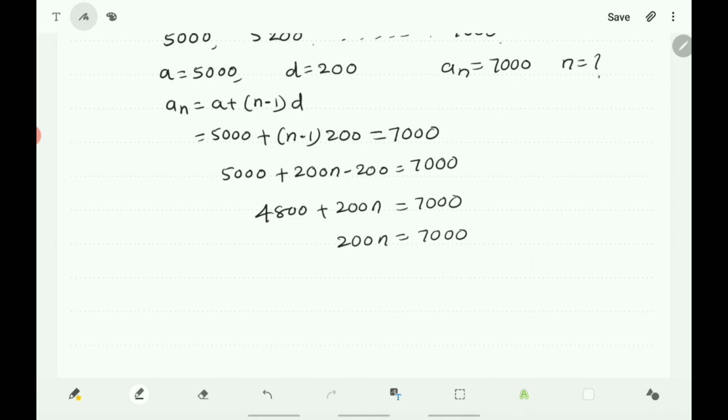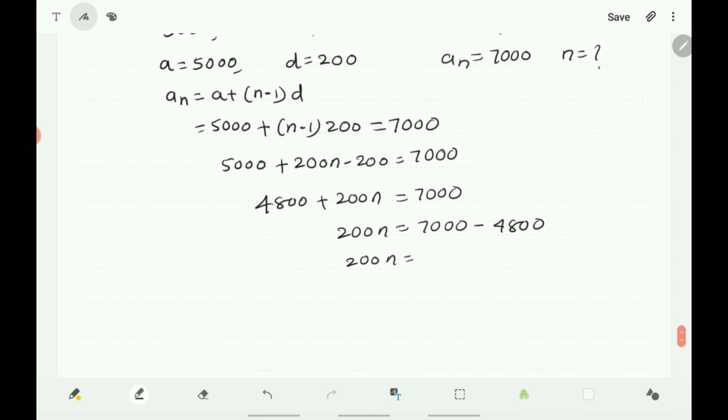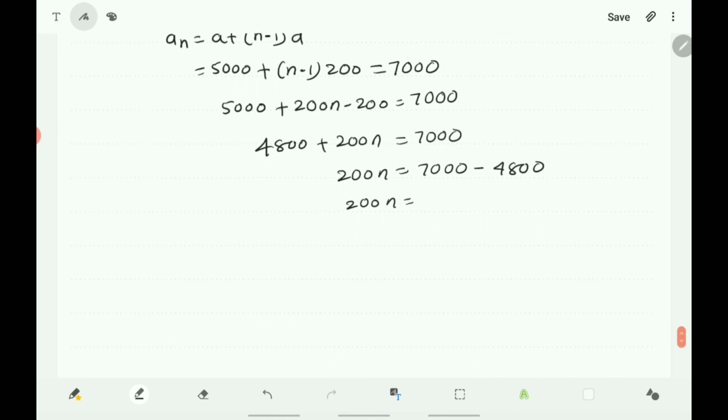Transfer this 4,800 to the RHS, that becomes minus 4,800. 200N is equal to 7,000 minus 4,800, that is 2,200. N is equal to 2,200 by 200. So 2 ones are 2, 11s are, N is equal to 11.